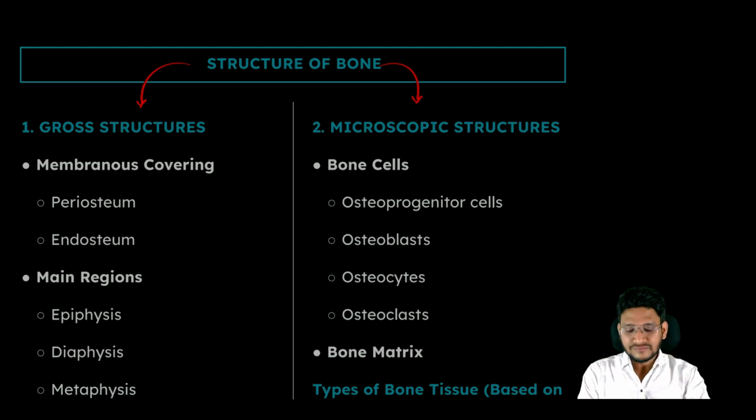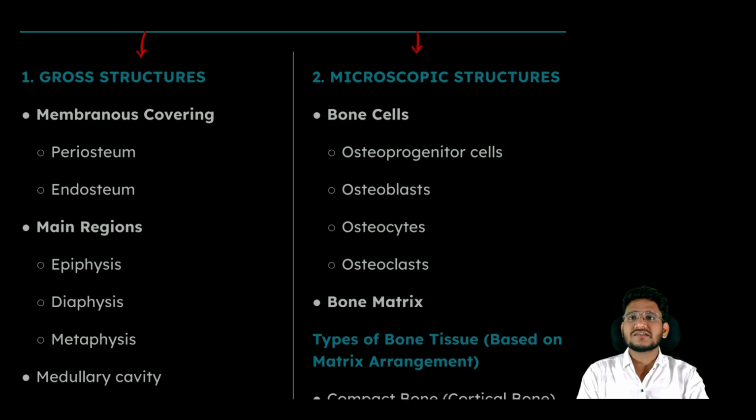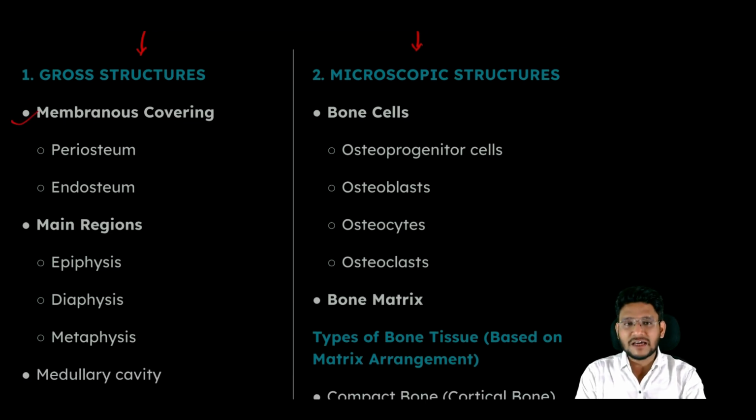In the gross structures we have the membranous coverings of the bone, periosteum and endosteum. Periosteum is the outer covering of the bone, and endosteum is the inner covering, the membranous lining of the medullary cavity of the bone.